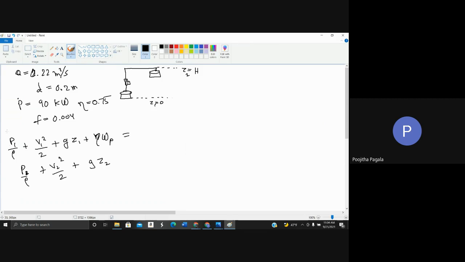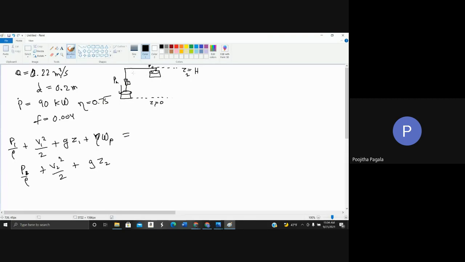And can anyone tell me the values of P1 and P2? Do we know P1 and P2? Pranit, any idea about P1 and P2? Okay, if you read the question properly, they have mentioned that both the tanks are open to the atmosphere, which means the pressure is going to be PA, P atmosphere, in both the cases.